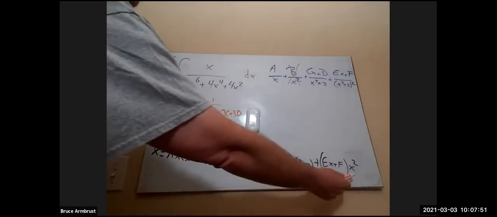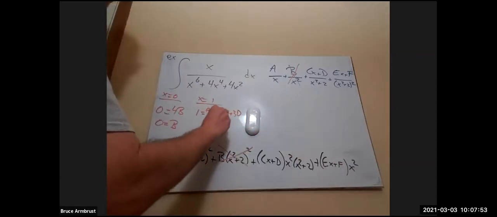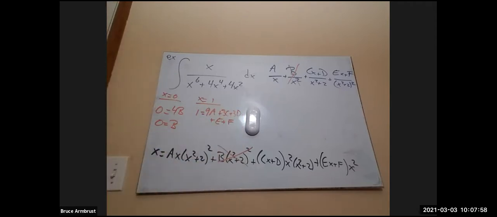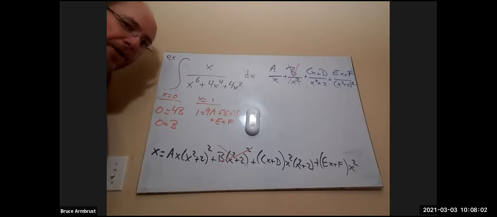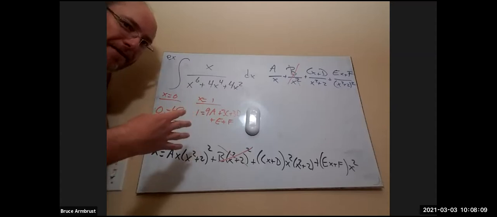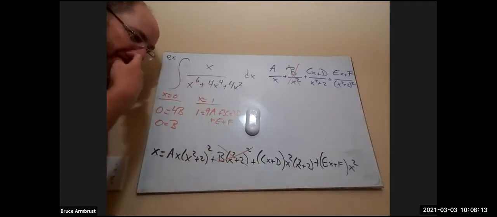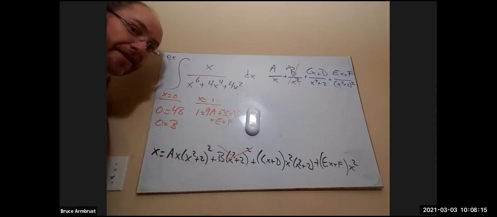And when I plug in 1 over here, I get e plus f. So whatever these numbers are, 9a plus 3c plus 3d plus e plus f equals 1. Okay, I pick 4 more numbers to plug in, and I'm going to get 4 more equations. That's a system of equations.